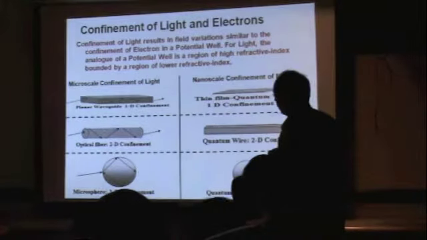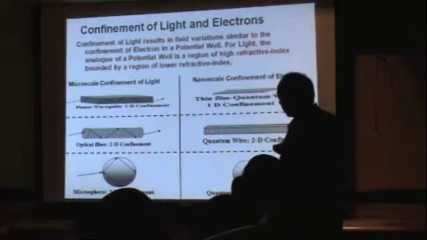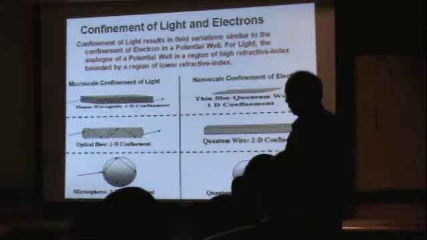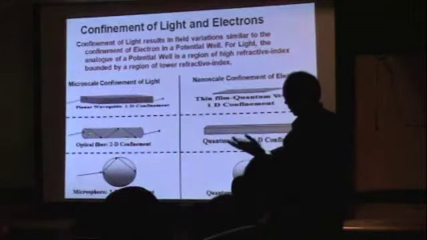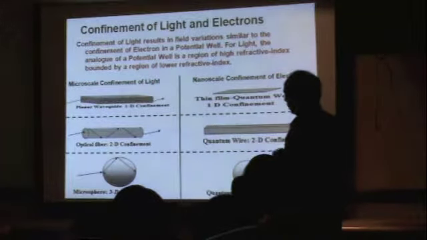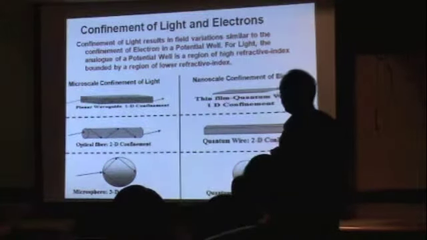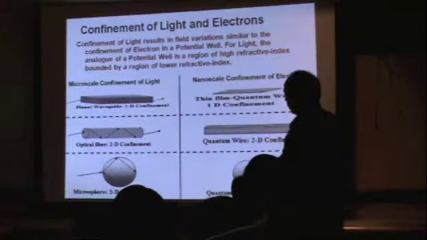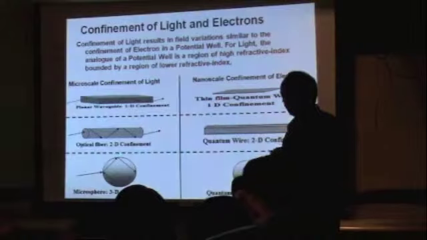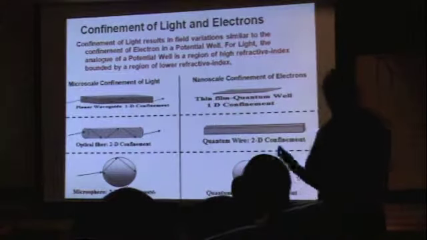Then of course you can have 2D confinement, where you have nanoscale confinement in two directions. The classical optical analogy is the optical fiber. Light travels only in this direction, but it's confined in the x and y directions. So it's 2D confinement.